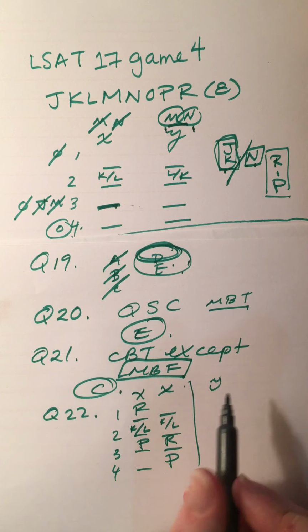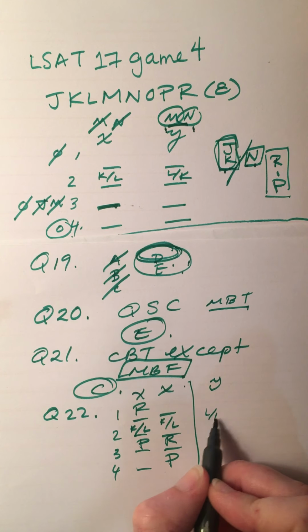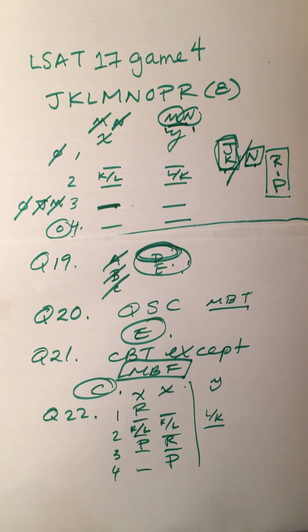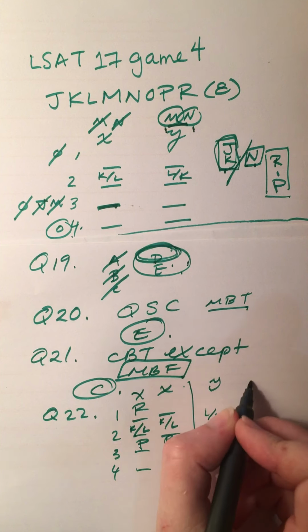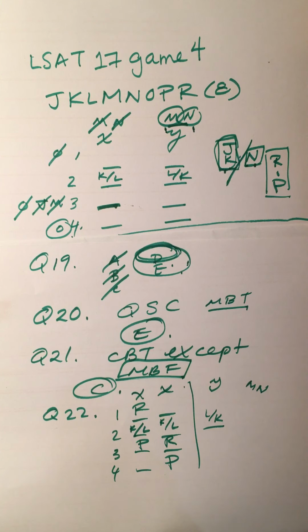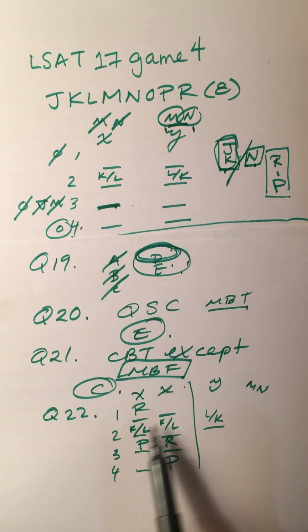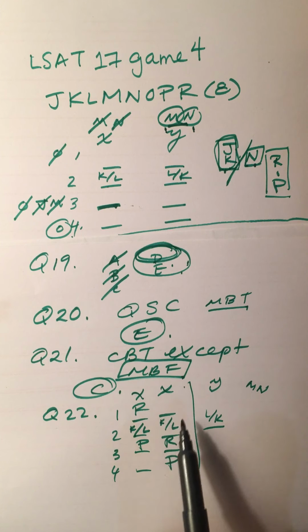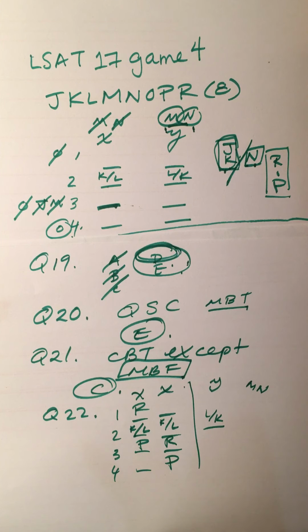What else do we have going on? So on team Y, we're going to have, again, either L or K, and then we have to add M and N, and J and K have to be together.